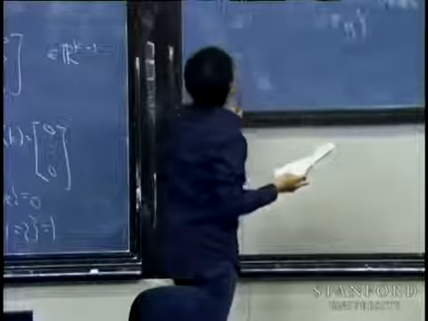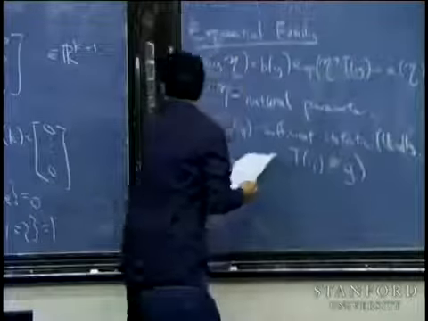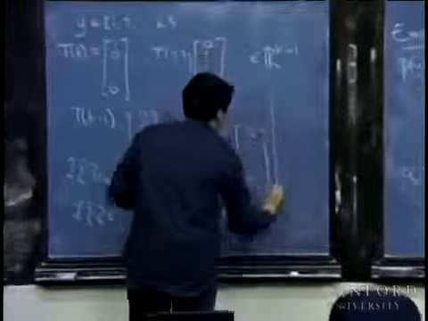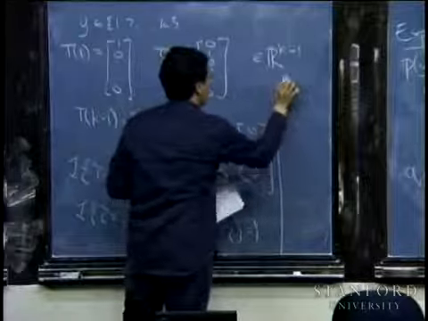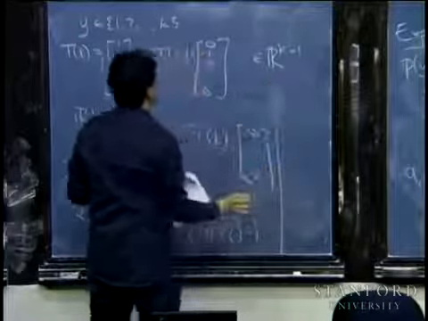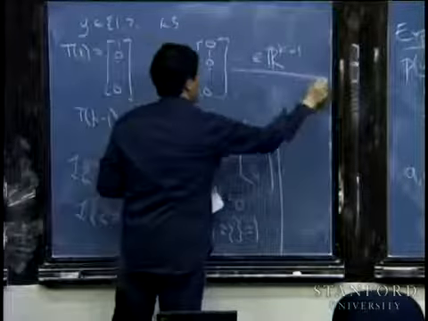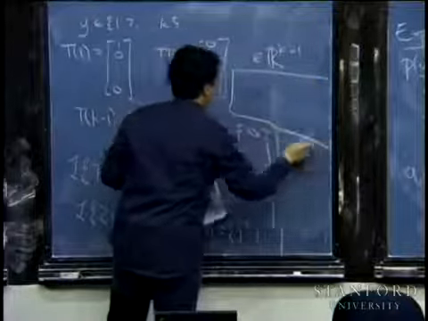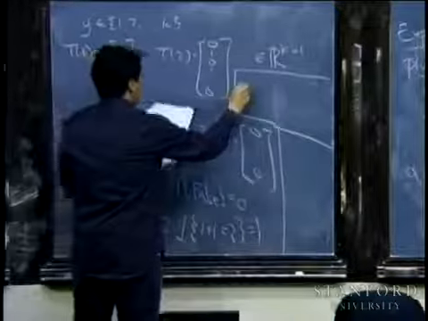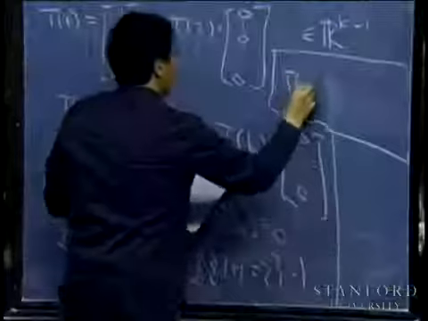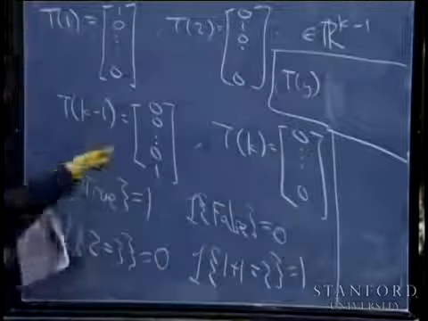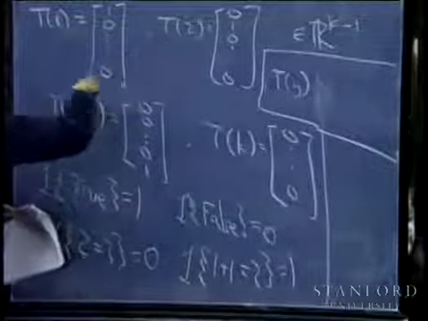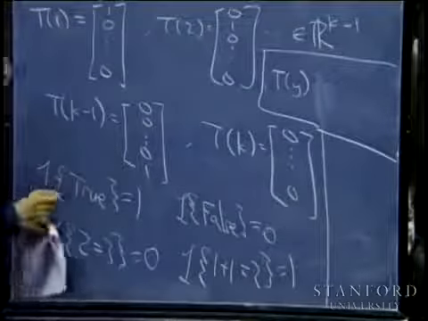And so let's just do this here, to combine both of these. So t of y is a vector, right? y is one of k values, and so t of y is one of these k vectors.